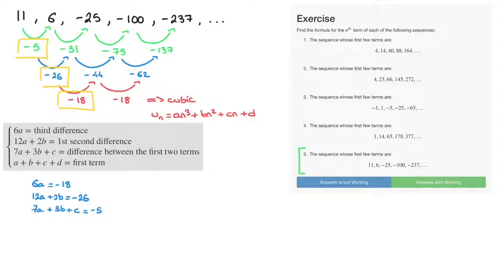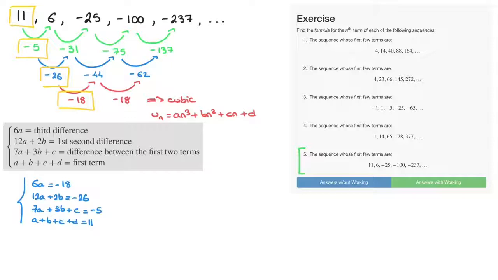Finally, the fourth equation states that a plus b plus c plus d must equal the first term. Well, in this case, the first term is 11, and so our fourth equation becomes a plus b plus c plus d equals 11. Those are the four equations we'll use to find the sequence's formula.